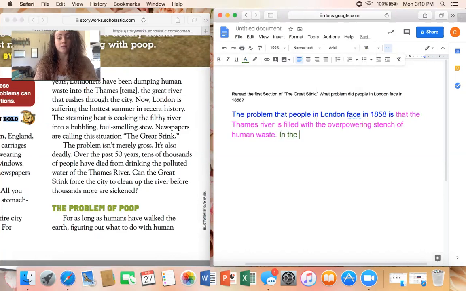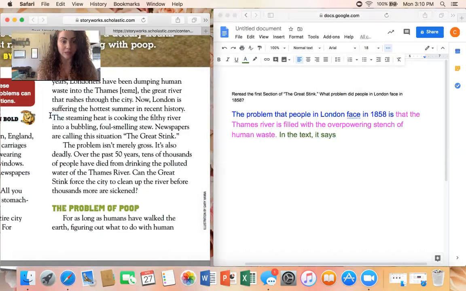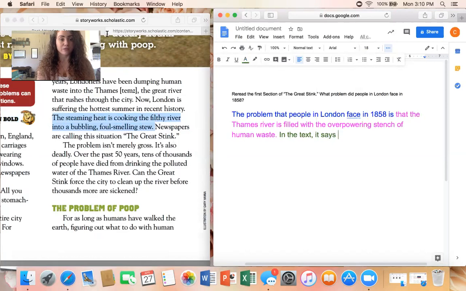In the text, it says, now this tells me that I have a detail to support my answer. And I'm going to use this sentence that I'm highlighting right here. The steaming heat is cooking the filthy river into a bubbly, foul-smelling stew. I love that sentence. I think this author, Allison Friedman, did a really nice job of using a lot of descriptive details.